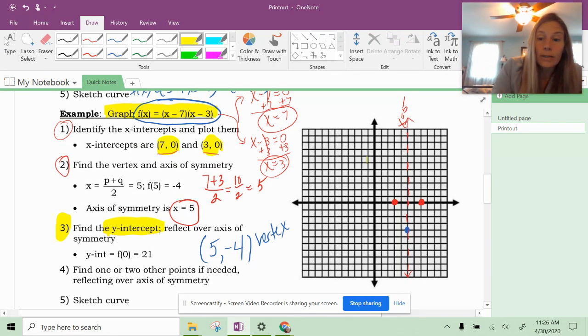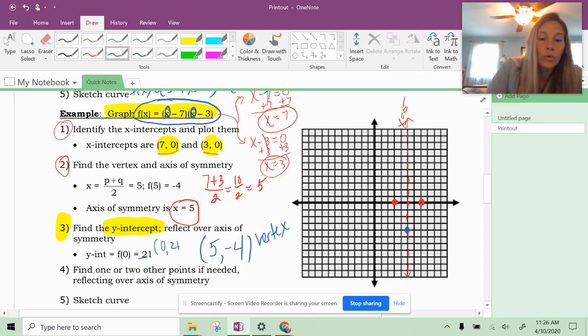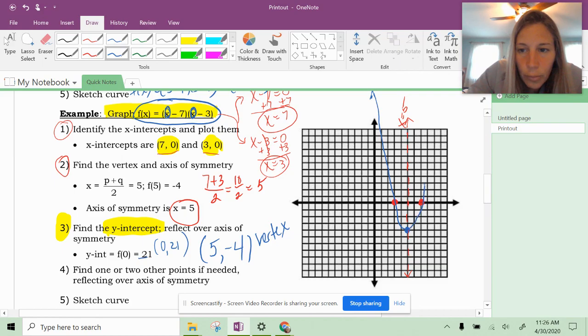So you would put in a 0 here and a 0 here, and you would get 21. So there's that point 0, 21, which is way off our graph up here somewhere, and that would be another point on our parabola. I'm not so worried about that y-axis point right now. If you can just get the vertex and the 2 intercepts, that's what we're looking for.